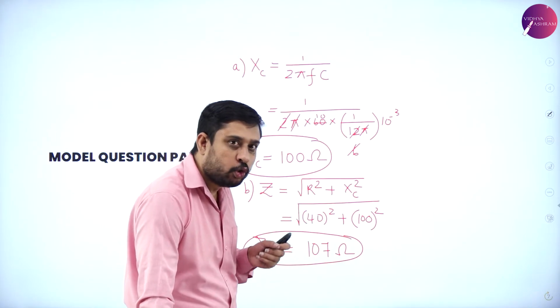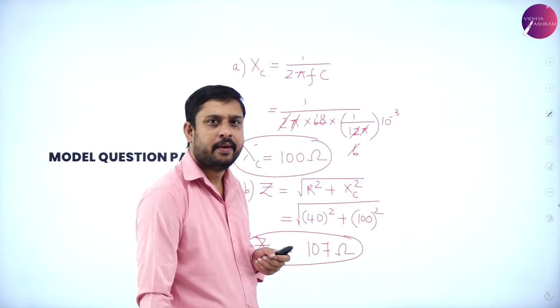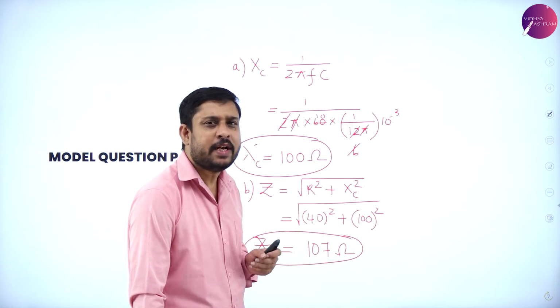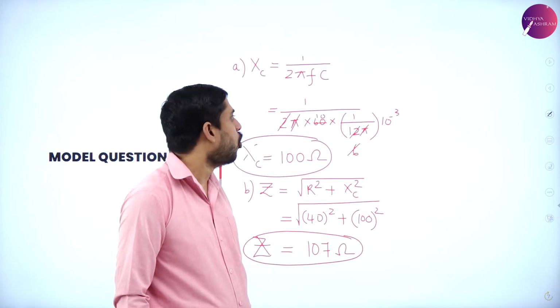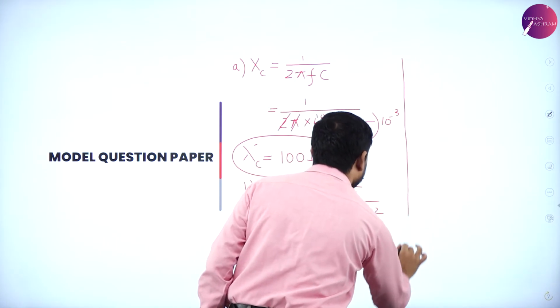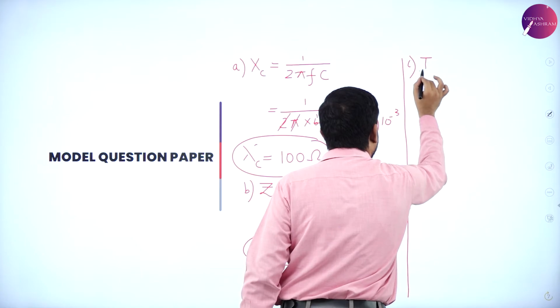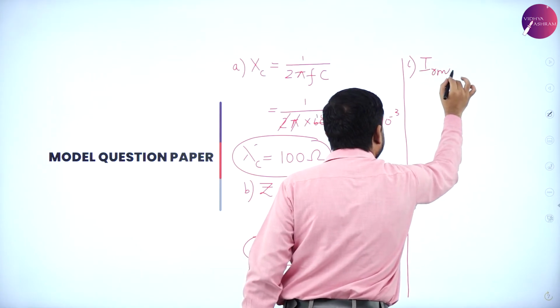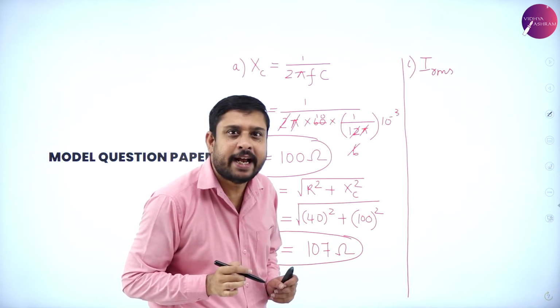In order to calculate the maximum current, we will calculate the RMS value of current flowing through the circuit. So, third part, IRMS. How do I calculate?